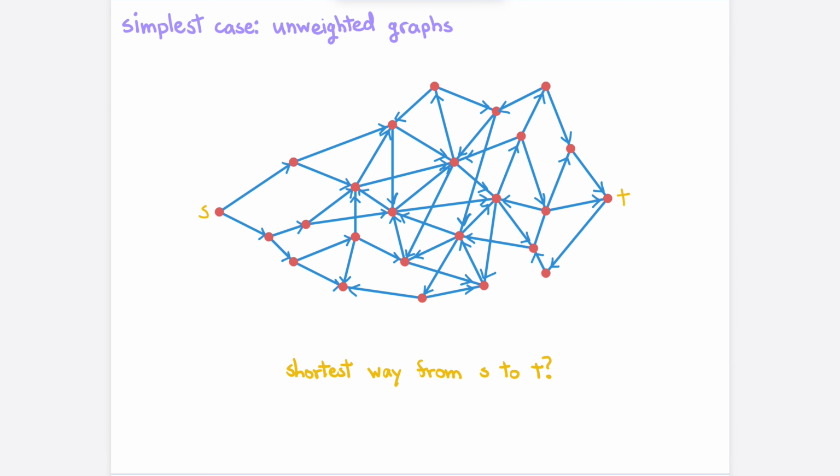Here is a directed graph. Your goal is to get from S to T with the fewest number of edges. Yeah, and I'm just going to see what you come up with. I feel like there's always an edge in here where I forgot to draw the arrow. That one.